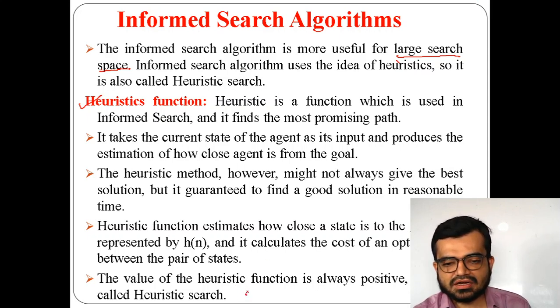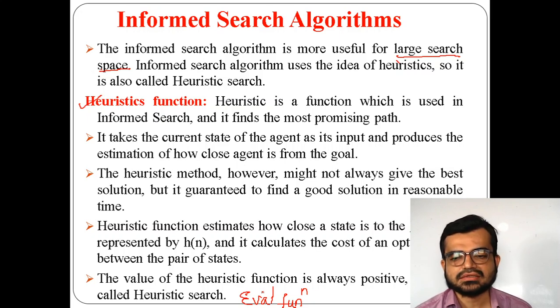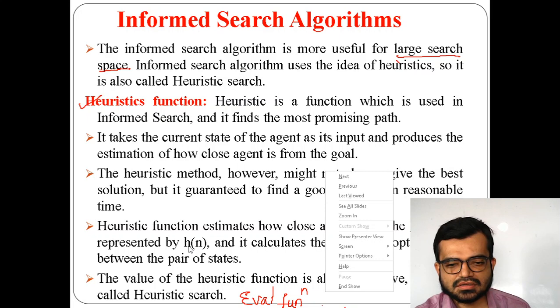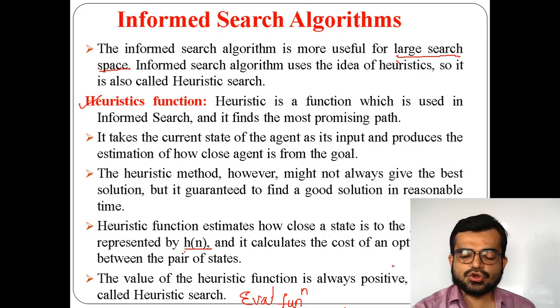This evaluation function determines which state from the current state is nearest, based on the cost. That's why the heuristic function is denoted as h of n, and it always calculates the cost of the optimal path between a pair of states. So the heuristic function value should always be positive. It can't be negative.